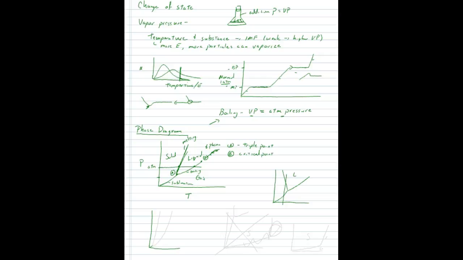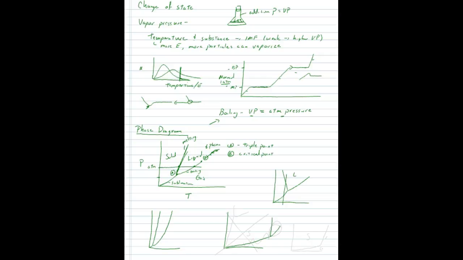Hydrogen would look something like this. Iron would probably look something like this. So they have different things. You can have different forms, like carbon and diamond. You can have a phase diagram for that where you have different allotropes and different things going on. I guess that wouldn't be iron.